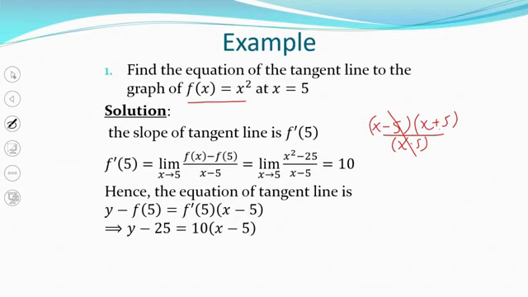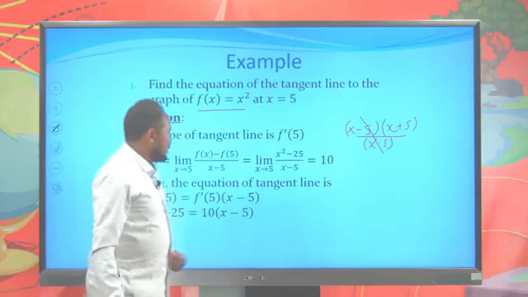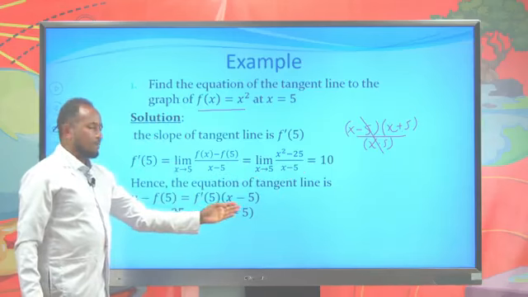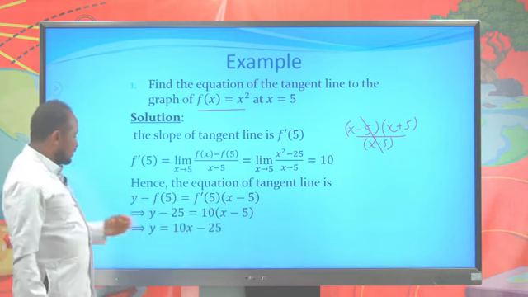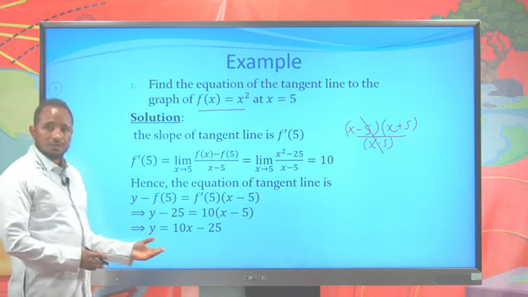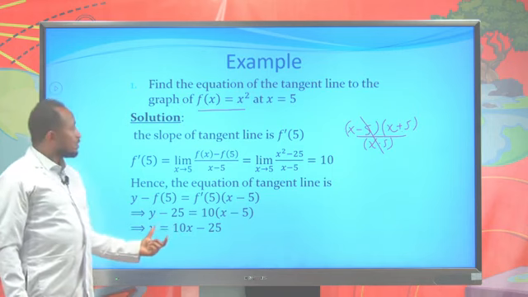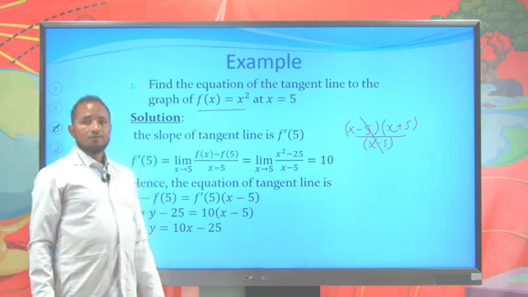This is equal to the derivative of the function at 5, which we calculated here, 10, times x minus 5. Therefore, when you simplify this, you get y is equal to 10x minus 25. So this is the tangent line equation for this graph at x equal to 5.